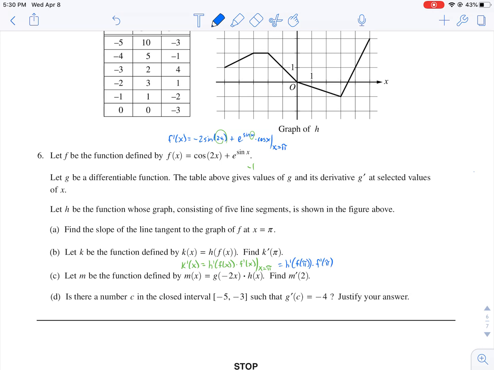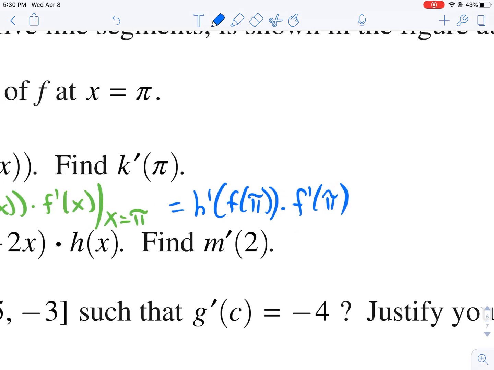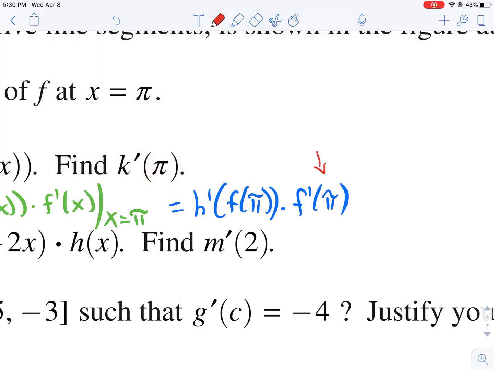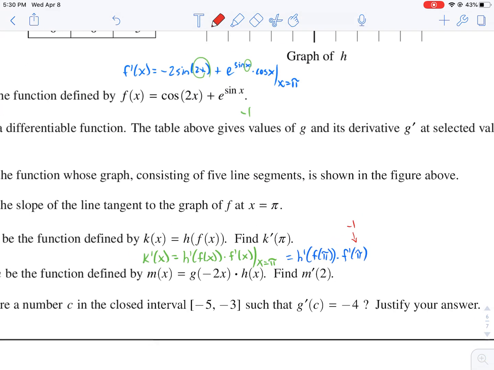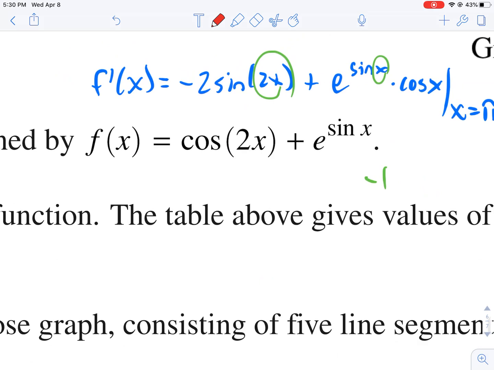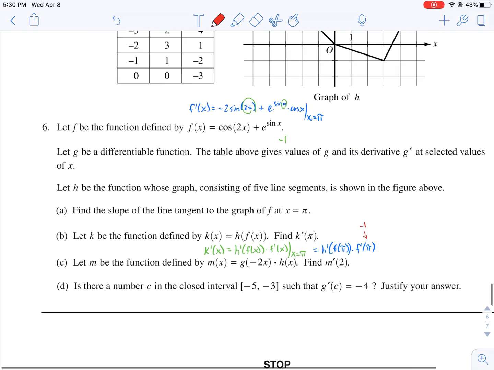We already know f prime of pi because we found it in part A. So that's -1. F of pi, we just got to plug pi into this. And we get cosine of 2 pi, which is 1, plus e to the sine of pi, which is 0, so e to the 0 is 1, and we get 2.